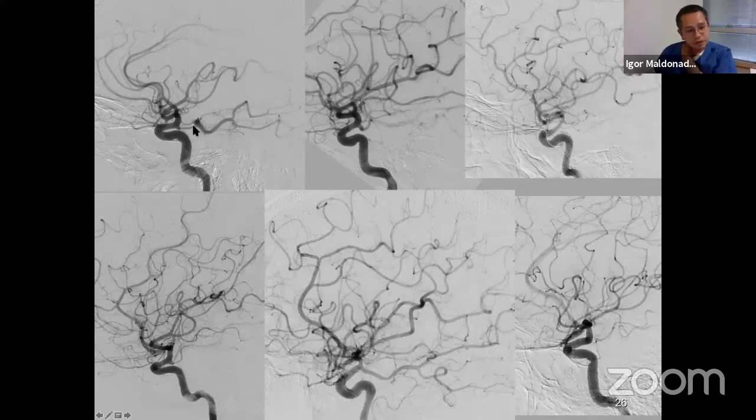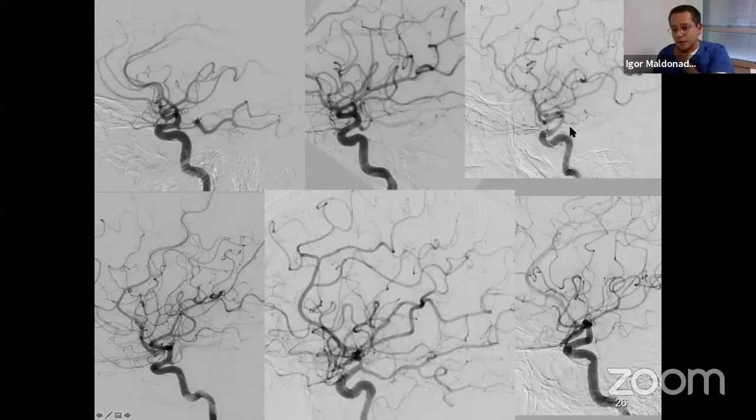You see, as I mentioned before, the very typical change in diameter. You see the PCOM and then the P2 segment, and this is something we would like to see every time, such as we see in the books. You see contrast coming to the PCOM, and then you see beautiful washing, and you have almost no washing here. So of course it's difficult to prove before injecting the vertebral artery, but very probably you have a very small or even absent P1 segment here.